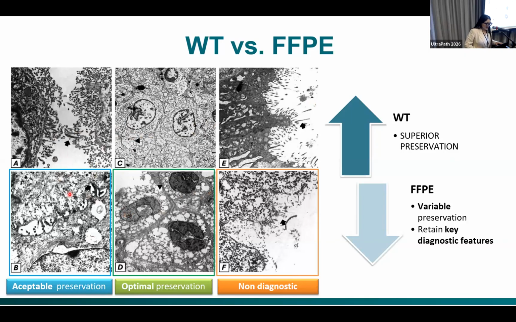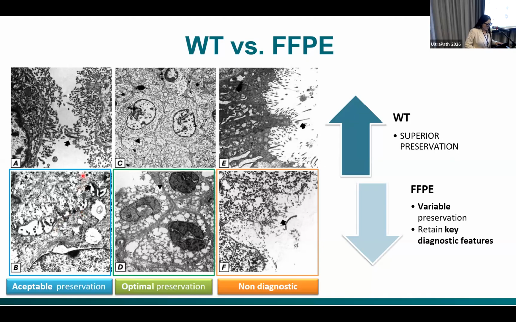So we have a mesothelioma, where we preserve all the microvilli on the surface. And for the FFPE, we can see some artifacts, but it still retains some key diagnostic features that may lead us to perform an adequate diagnosis.